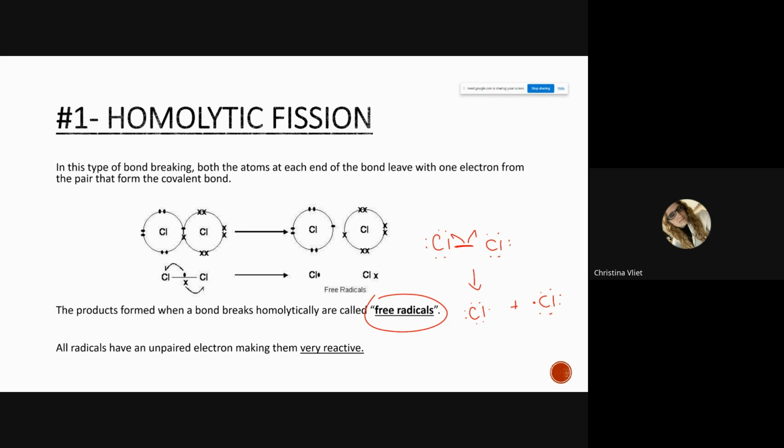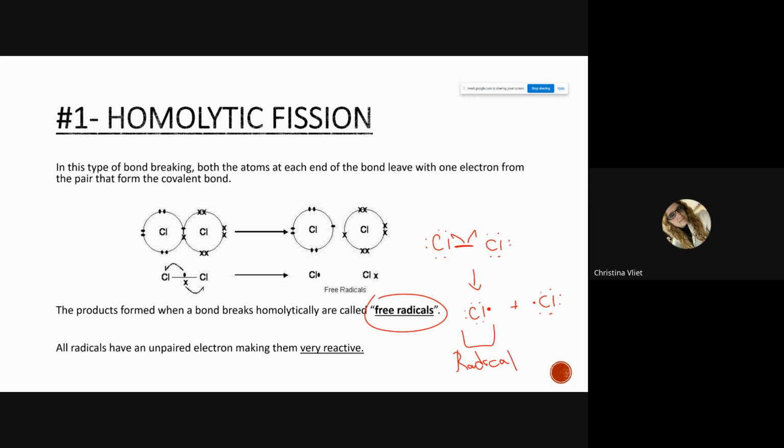That is not chlorine in its standard state. Do you agree? This is a radical. Meaning it is a chlorine that has 7 electrons, not 8. And yet it's existing.